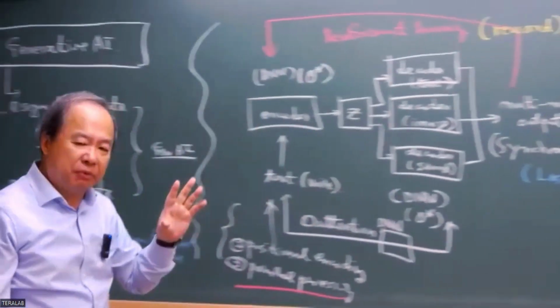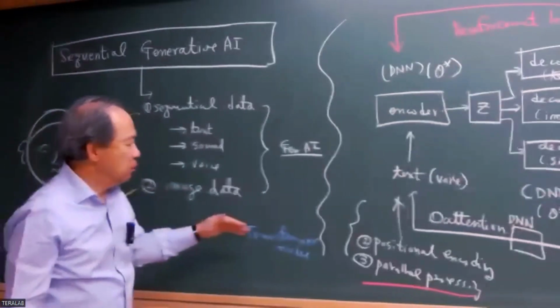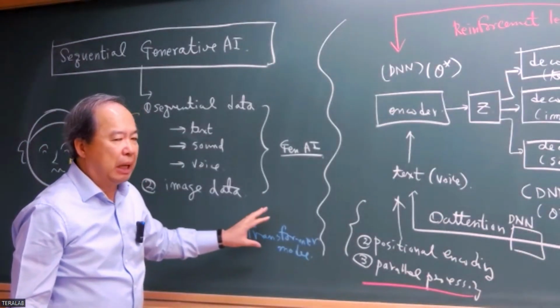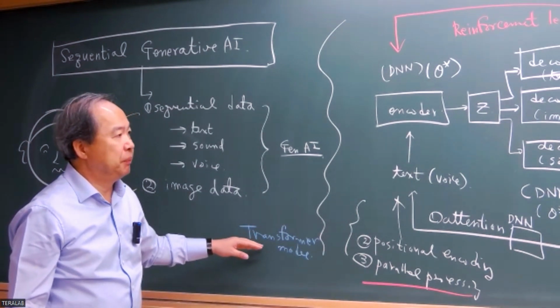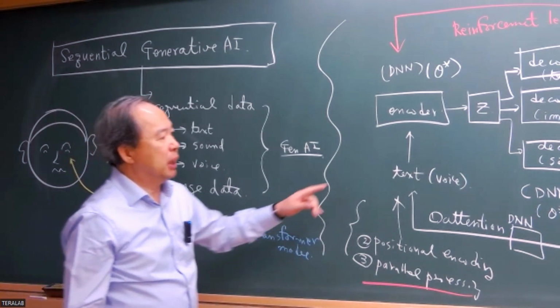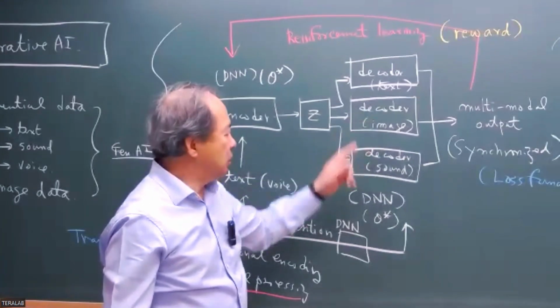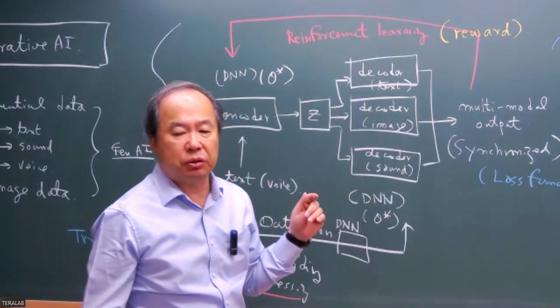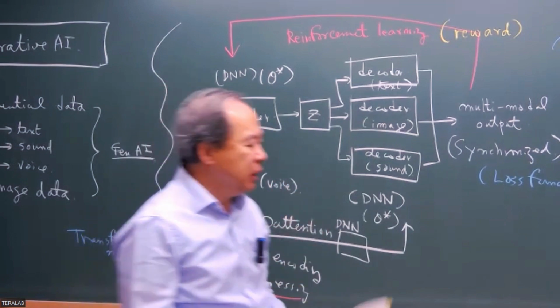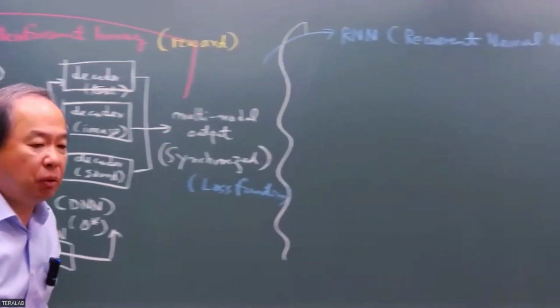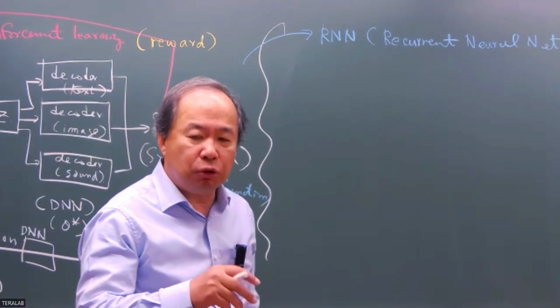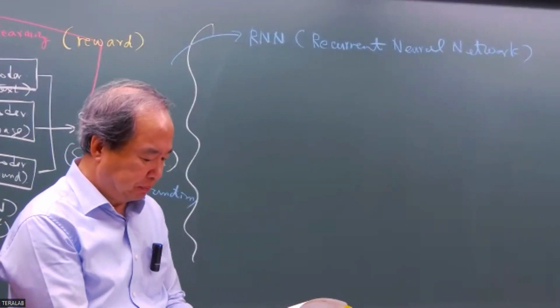And probably after Chuseok break, we're going to move on to the architecture, loss function, and backpropagation of the transformer model. And in the middle of October, I'm going to talk about image decoder and sound decoder and so on. So now I will move on to the recurrent neural network. It is a little bit old model, but still it is good to talk about.